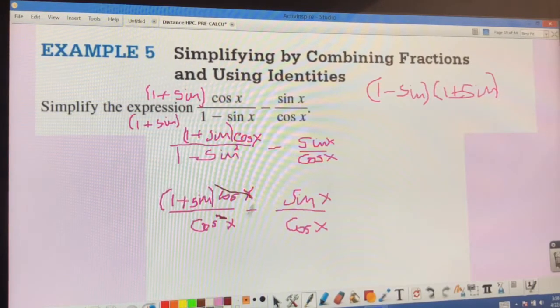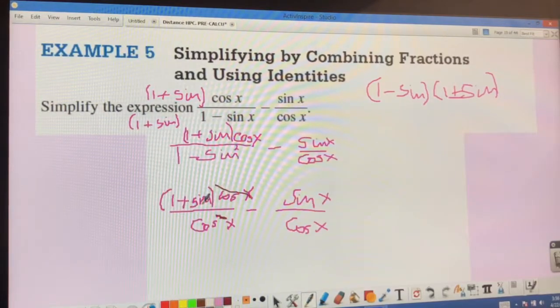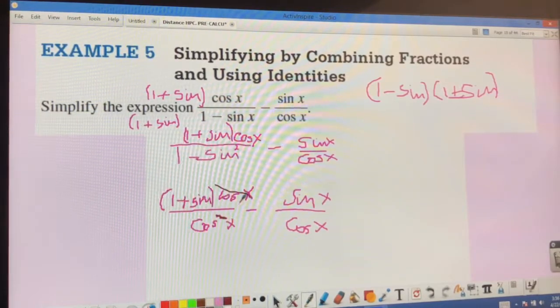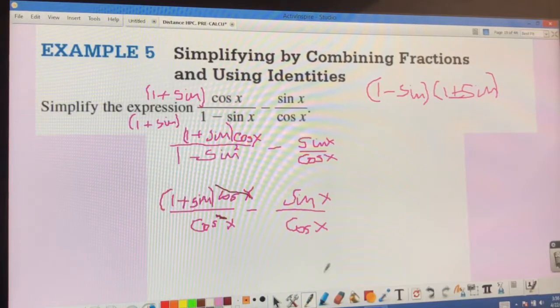So now this fraction will have 1 plus sine over just cosine, because your cosine squared cancels with the one cosine up on top. So let's see. I'm going to try to write downward, but so now you got 1 plus sine over cosine of x.